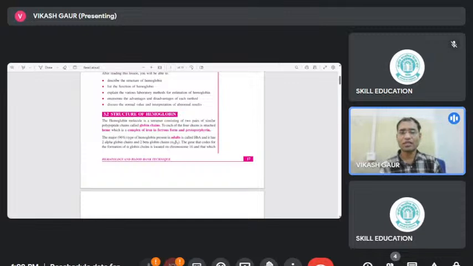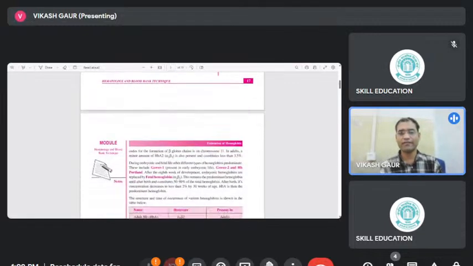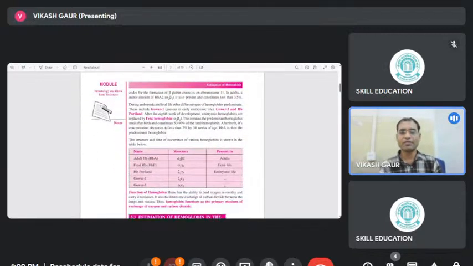We are not discussing the detail again, alpha 2, beta 2. This is a summary chart of the types of hemoglobin. First, adult HbA, which is found in adults only, has two alpha chains of globin and two beta chains of globin. Another type is HbF, fetal hemoglobin, which consists of two alpha chains and two gamma globin chains, and is present in fetal life.